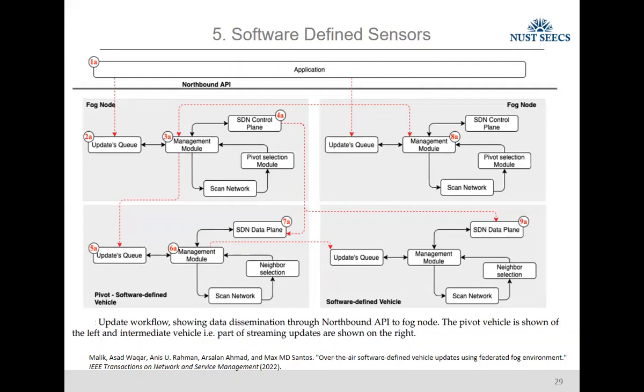It selects the pivot module, and the pivot module selects the pivot vehicle. To do so, it takes a snapshot of all the vehicles in its range, creates a topology at runtime, and from that topology takes the most suitable vehicle as the pivot vehicle, and then starts disseminating the updates to that vehicle. The vehicle further selects another vehicle within its range by applying some mechanism, and this way we can transfer the updates from one vehicle to another.